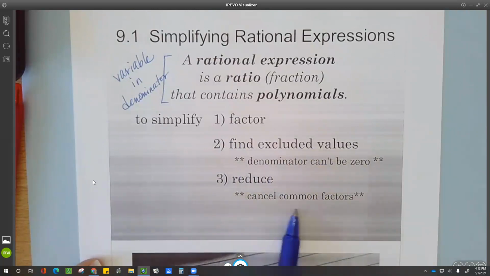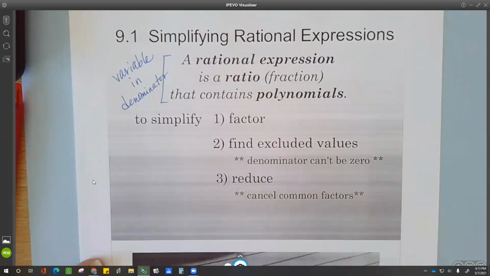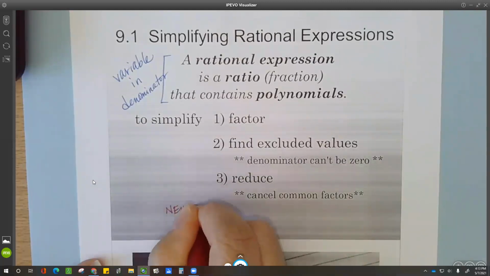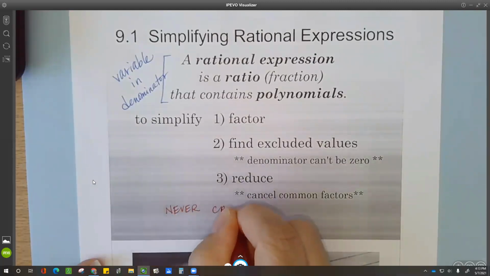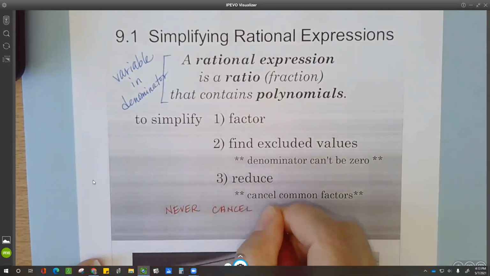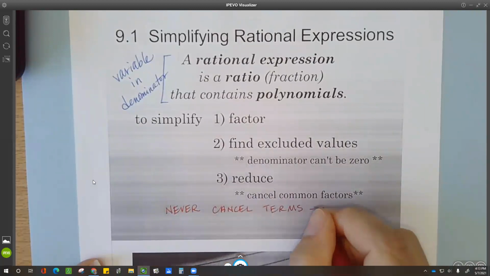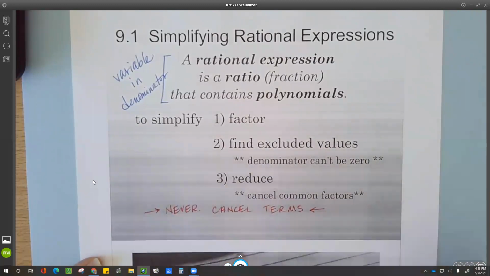I cancel factors. I never, ever, never cancel terms. Ever. I cancel common factors to reduce.